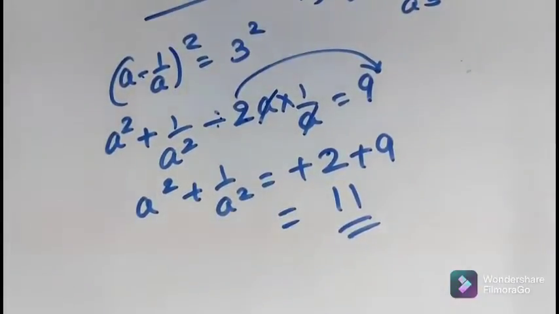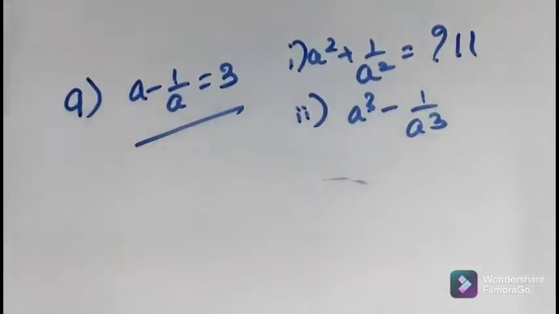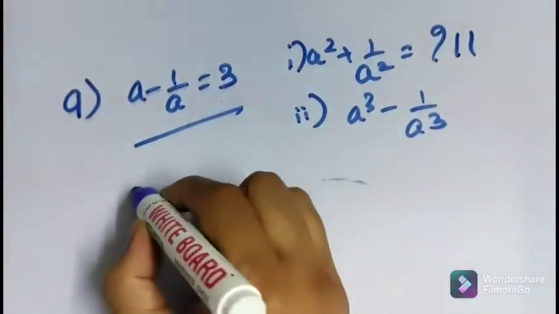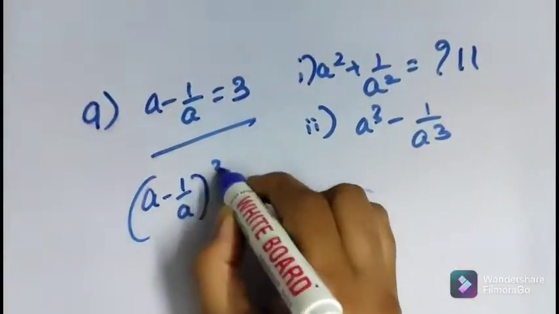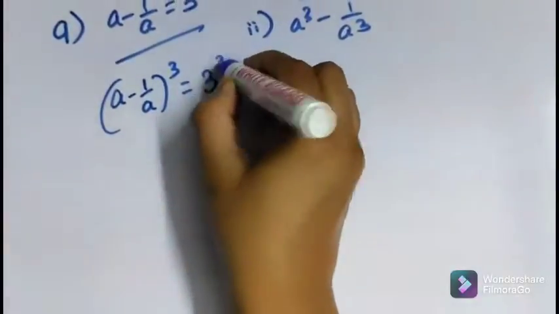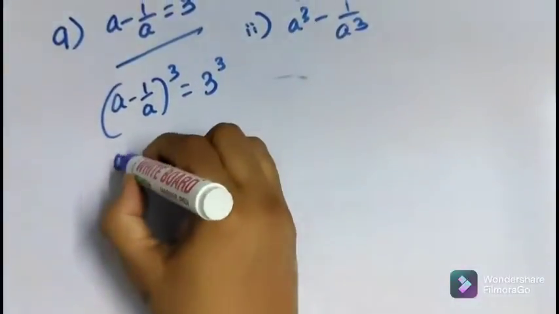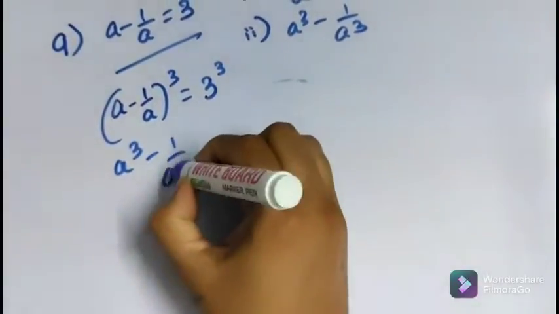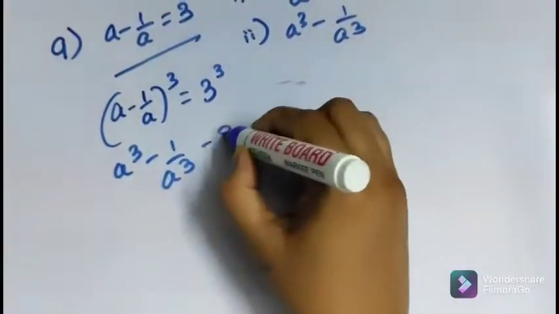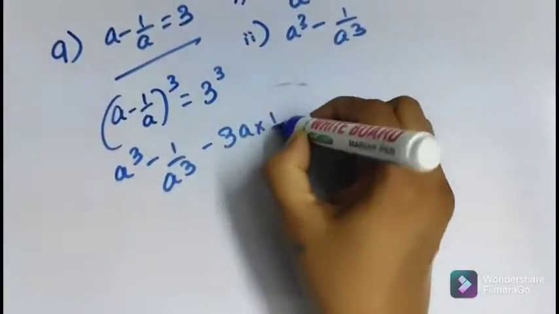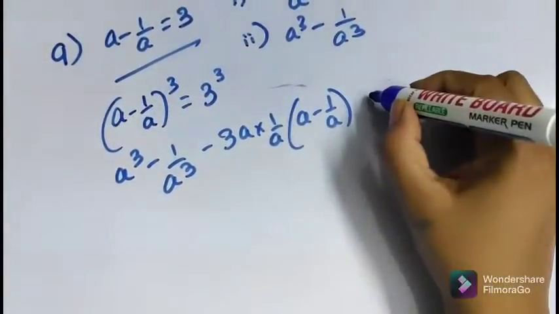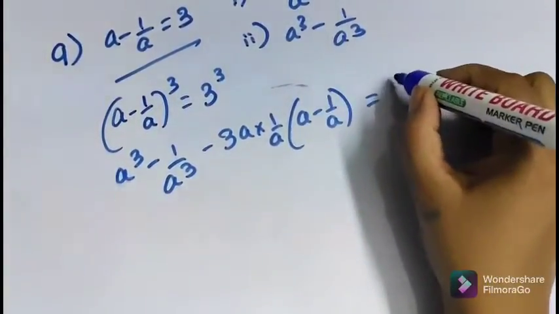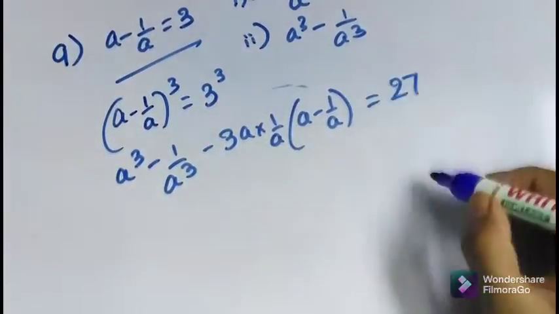11 as the answer. For the second part, let's cube both the sides. We can keep it as a minus 1 by a, whole cube, is equal to 3 cube. So we can write it as a cube minus 1 by a cube minus 3a into 1 by a in the bracket a minus 1 by a is equal to 3 cube, which is nothing but 27.